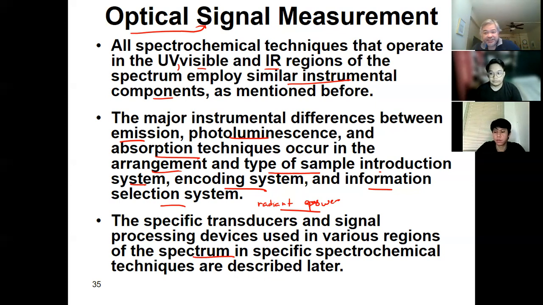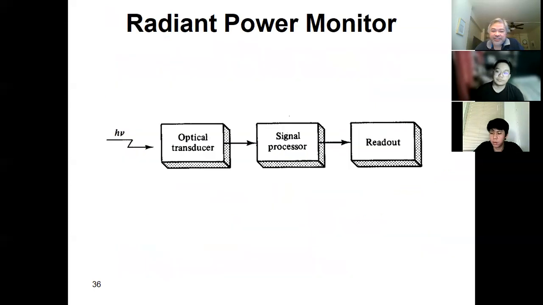So in chapter 3, I think we're going to go over each part of them. At least in this chapter, we will just look at the signal extracted from the readout data in the spectrochemical system. So for instance, here, this is usually the simple block diagram of any spectrochemical method.